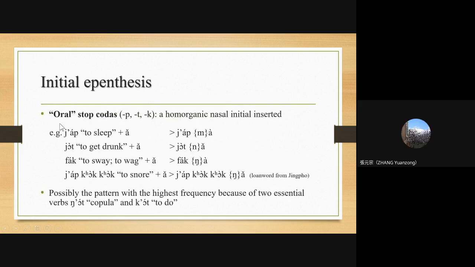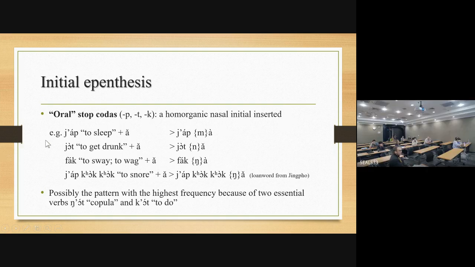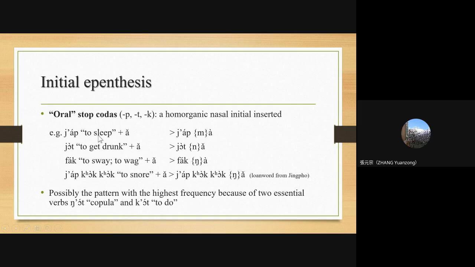Another case is the so-called oral stop codas, those that are not nasals nor vowels. A homorganic nasal initial is inserted, not the stop itself. So to sleep, yap becomes yamma. To get drunk, yod becomes yonna.